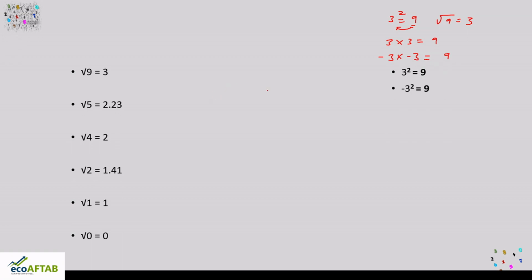When two negative numbers are multiplied, we get a positive answer, and when two positive numbers are multiplied, we also get a positive answer. Similarly, the same case with 2 square. So 2 square is 4, and minus 2 square is also 4. So if you square the same numbers, positive or negative, we get a positive answer.